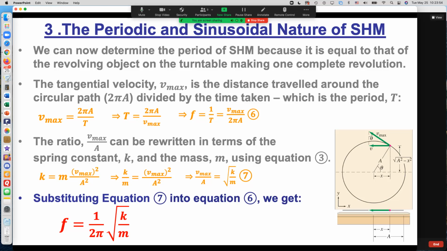You see that equation? Did I give you one for period as well on the equation sheet? Well, what's the period one going to be?